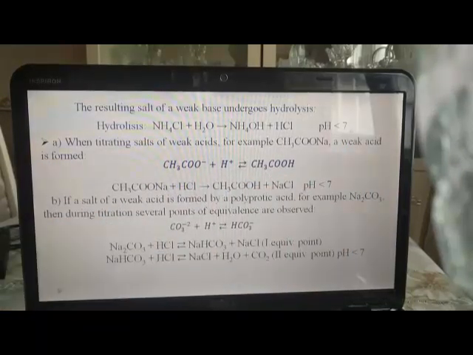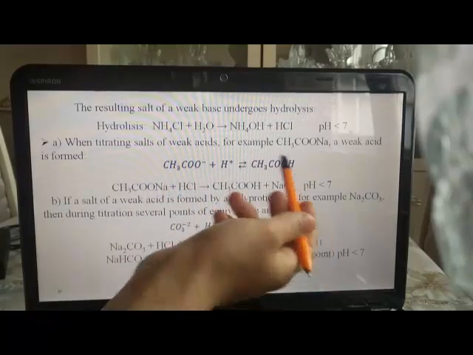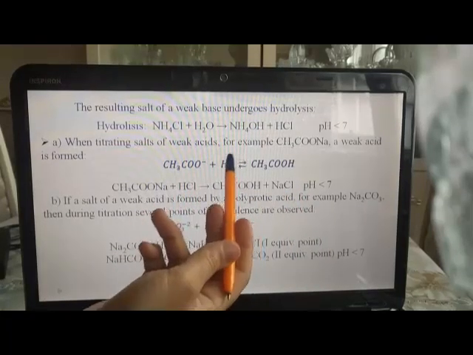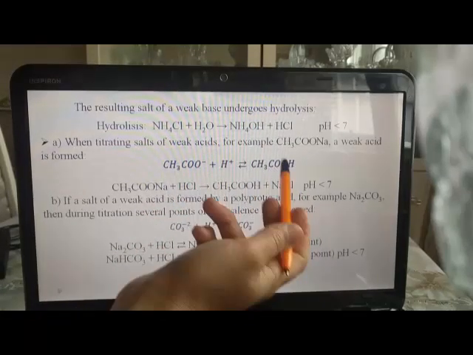When titrating a salt of a weak acid, for example sodium acetate, a weak acid is formed, and the reaction is represented in this form: acetate anion plus hydrogen proton forms weak acid.